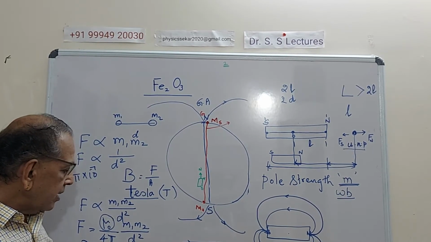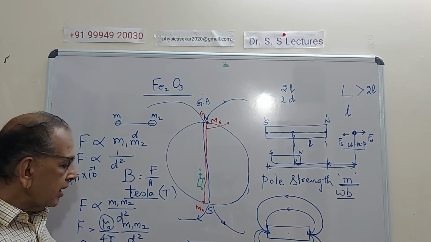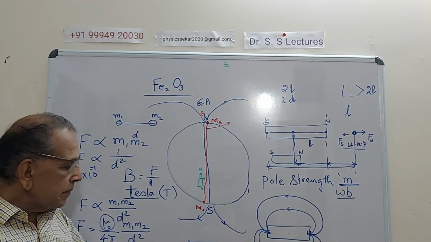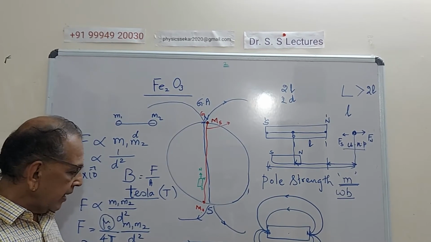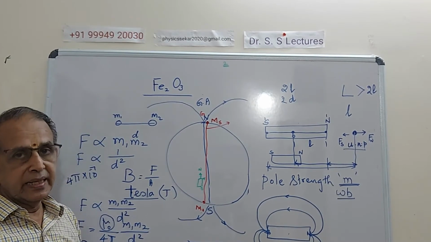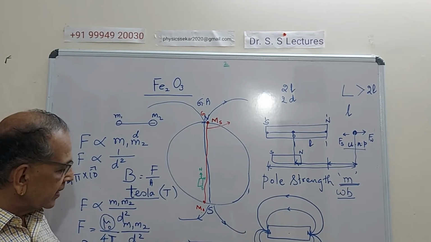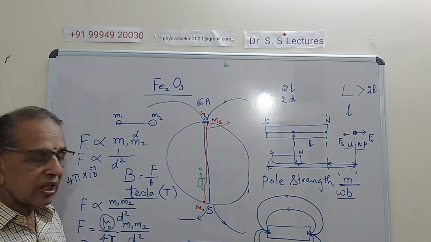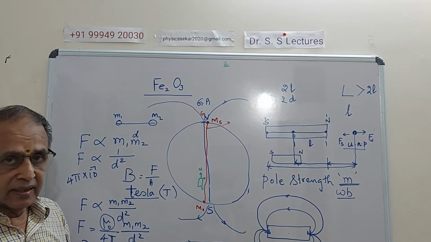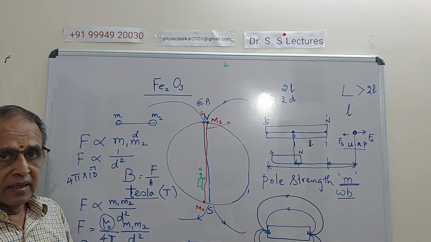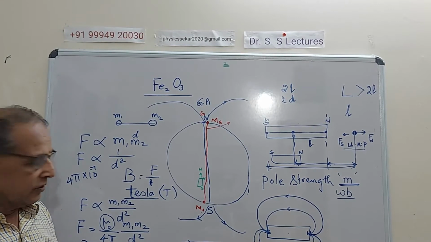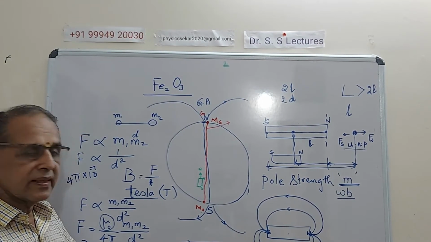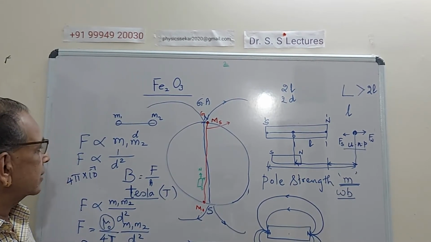What is this A? A is the north pole, B is the south pole. Try to remember, the magnetic lines of action go like that. Another important property is that these lines of force never intersect. I will be giving you the reason for that also.